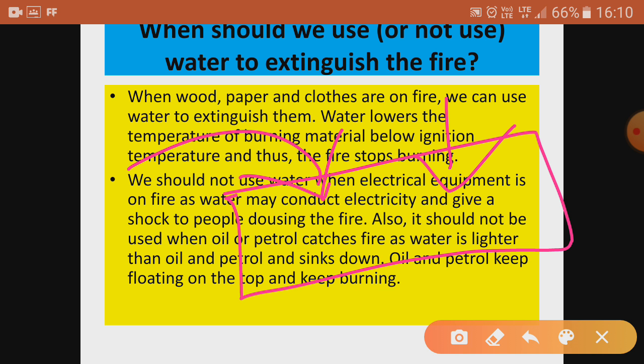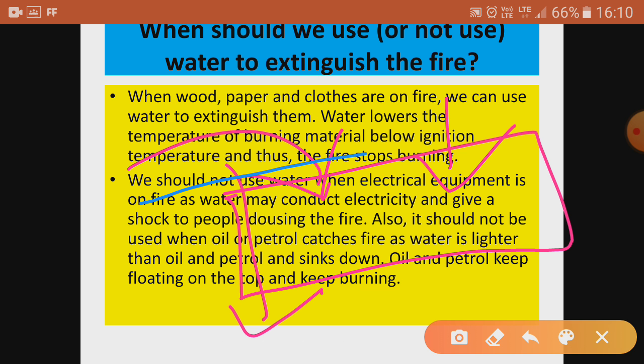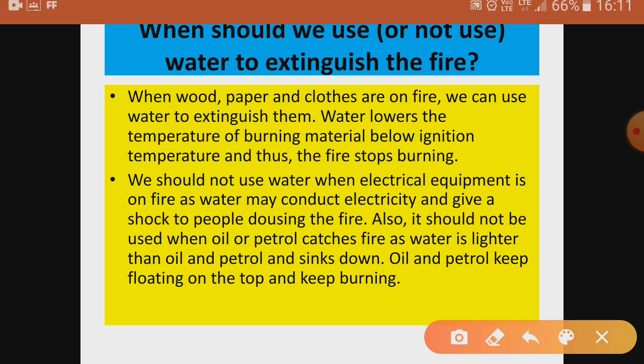Water is heavier, so it will sink, and the oil will form a layer over it and still be burning. So there is no purpose in using water whenever there is a fire on electrical equipments or a fire because of oil or petrol.